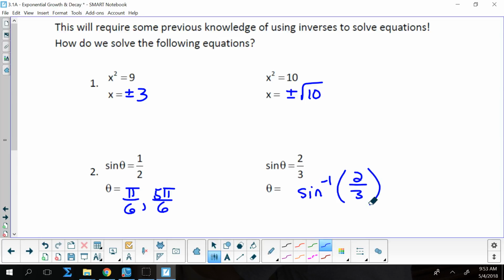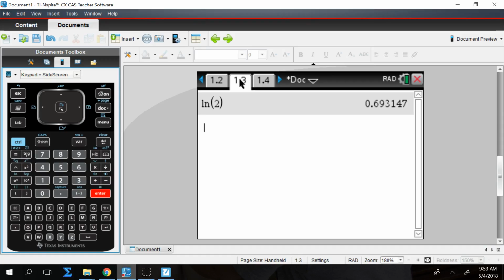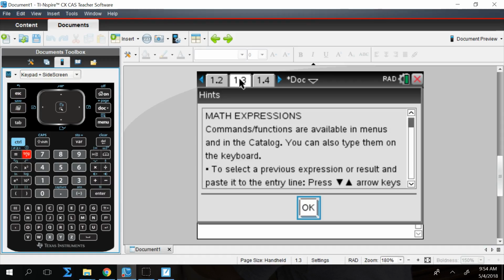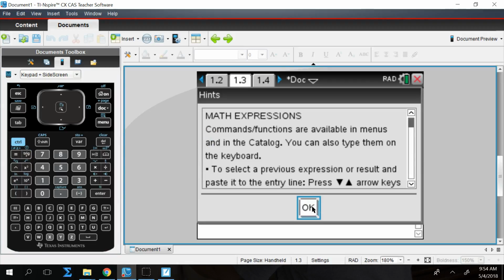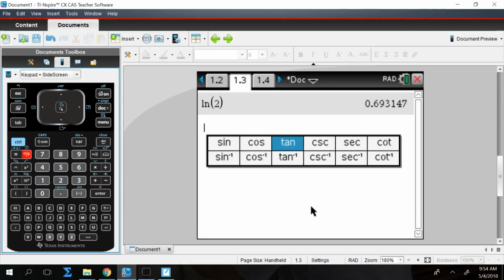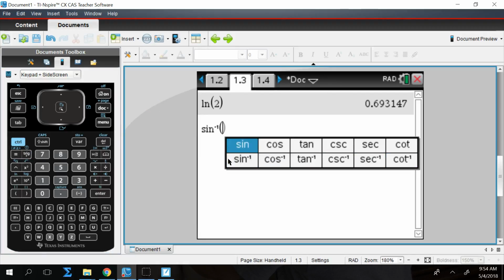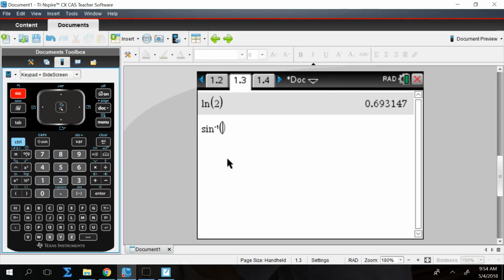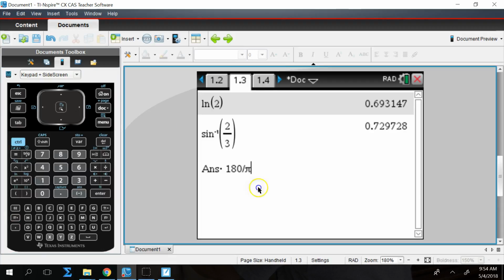Okay? Well, inverse sine. Whoa. Come on now. I don't want hints. I want inverse sine. Wow, I'm going funky all of a sudden. Of 2/3. I get this, but that's in radians. Times 180 divided by pi.